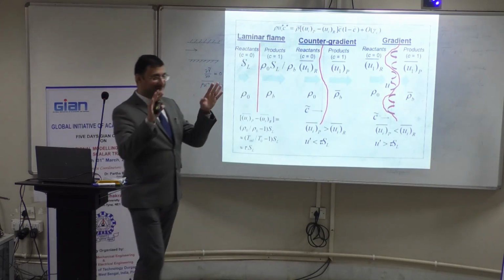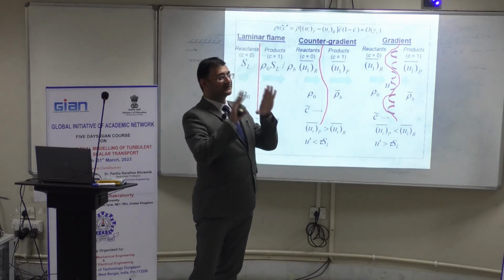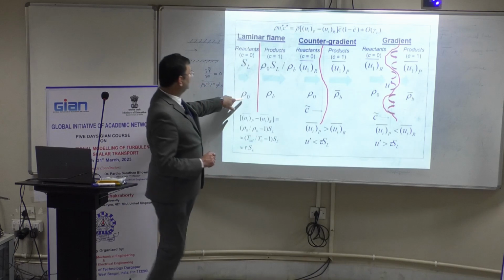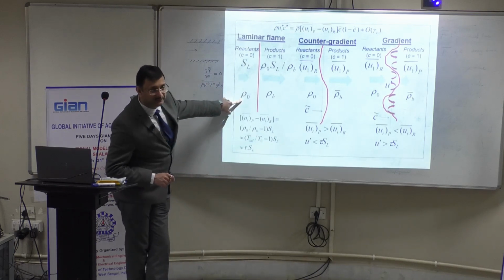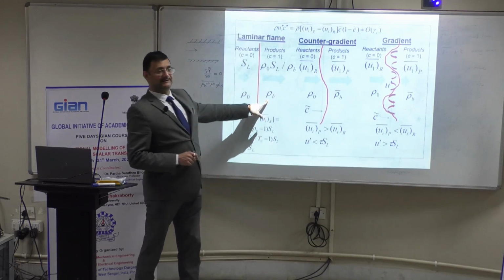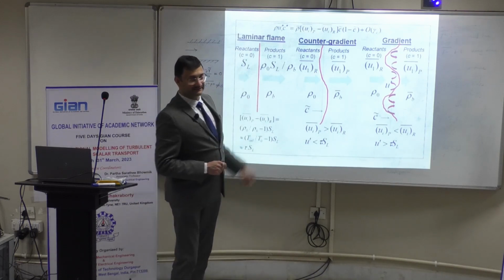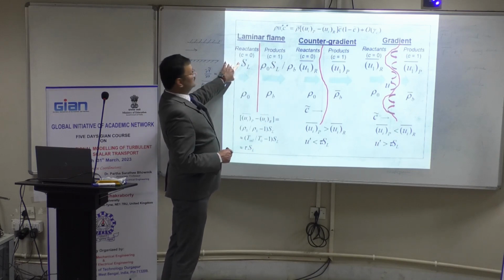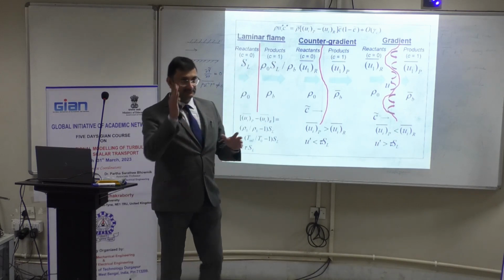If you consider the mass conservation across a shock wave, it's a similar kind of thing. Here density is rho 0, unburned gas. Here the density is rho b, which is the burned gas density. This is say for steady laminar flame.